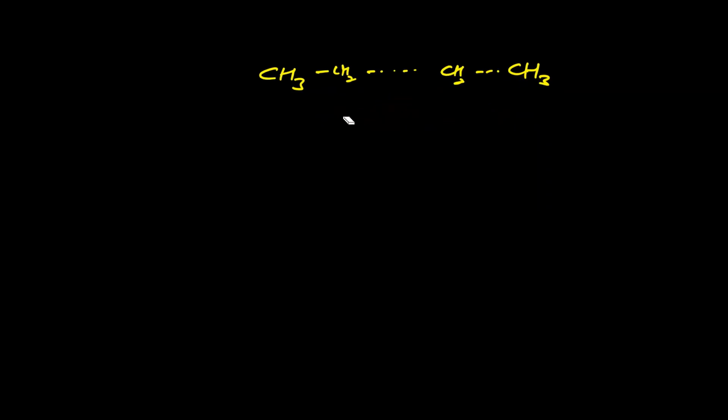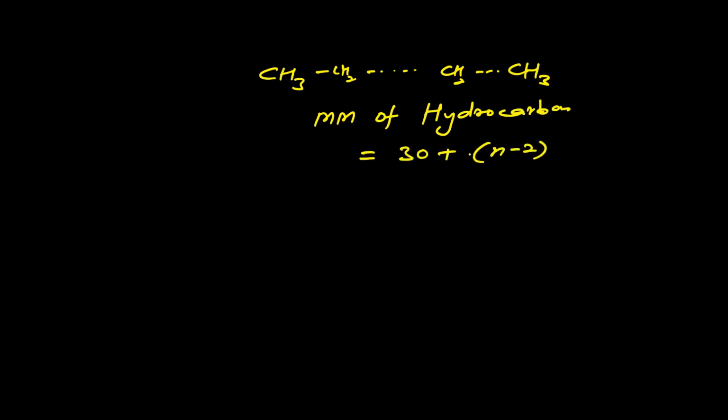So you can get the molar mass of a hydrocarbon very easily, very quickly: 30 plus n minus 2 into 14. You don't need to add all carbons or hydrogens, just 30 plus 14 into n minus 2. You can write it down.